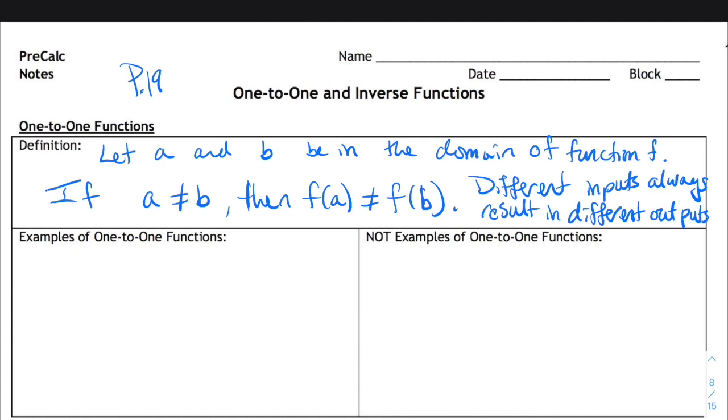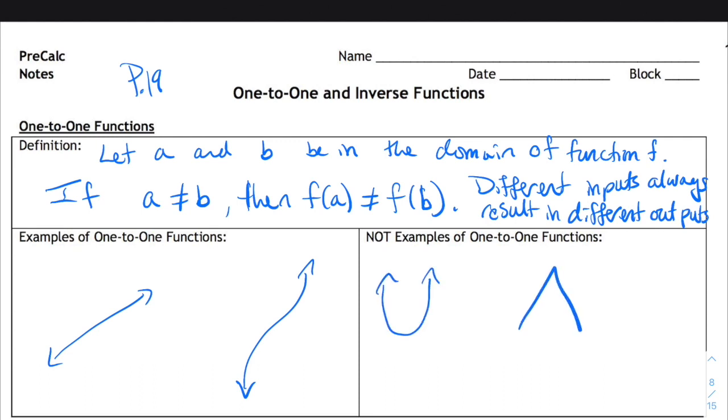So you already have examples of one-to-one and not one-to-one from the little graphs in the previous page here. So this would be one-to-one, something like this would be one-to-one. This would not be a one-to-one function. This would not be a one-to-one function. Something like this would not be a one-to-one function.